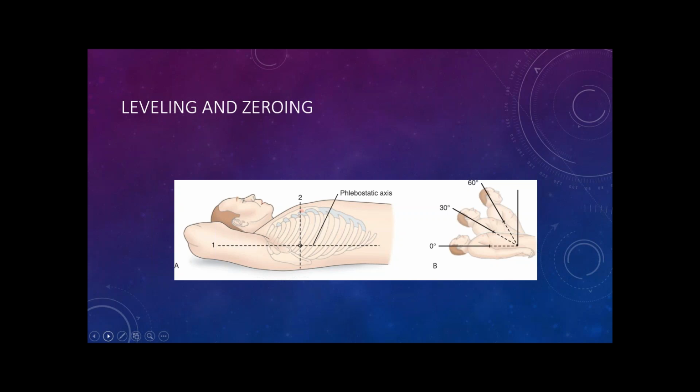On the B section here, you see a 0, a 30, and a 60-degree photo. Research has shown that if you re-level at each level that the patient's head of bed is at, while it is there, you will get accurate readings.